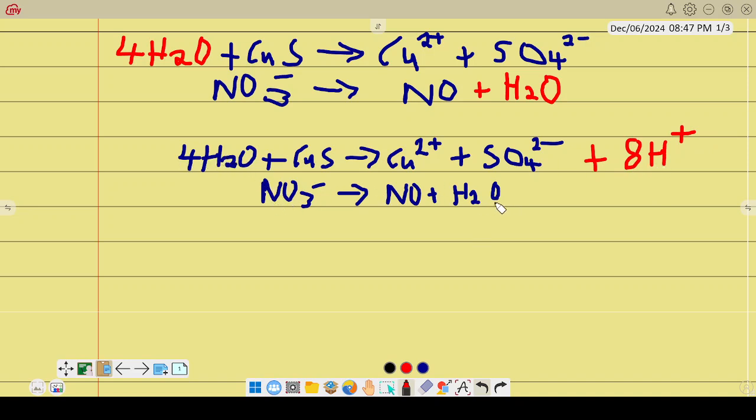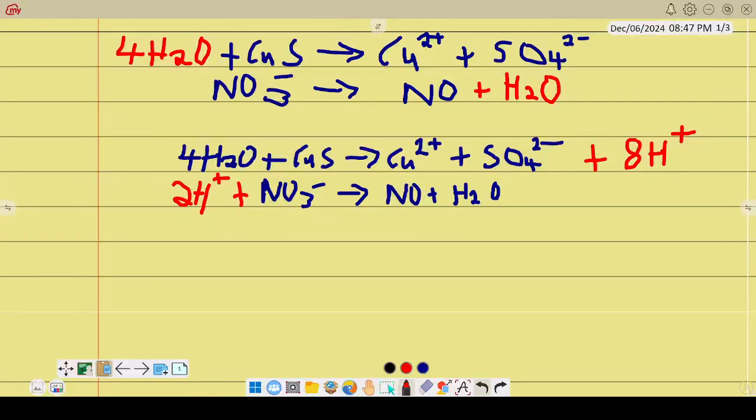What about here? Here we have 2 hydrogen atoms, so this side we can put 2 hydrogen ions.